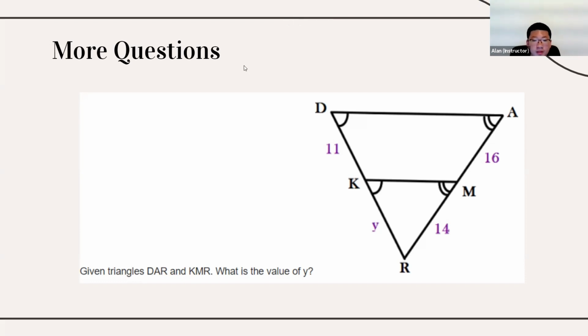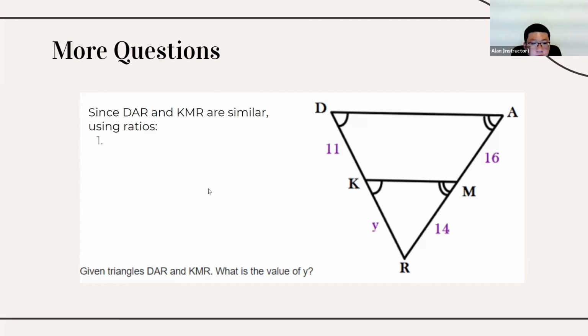Alright, so I'm going to go over the answer now. Since DAR and KMR are similar by angle, you can see that DRA is shared between the two triangles, and MKR is the same as ADR, and the same thing with KMR and DAR.